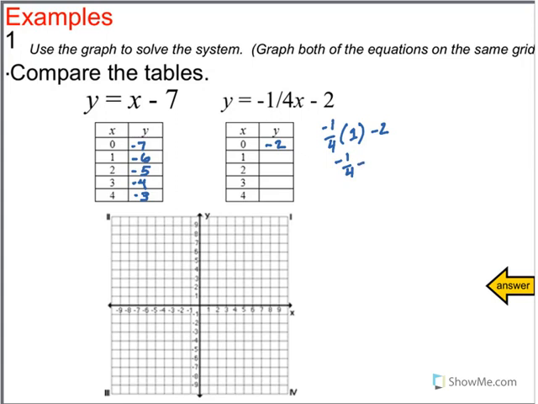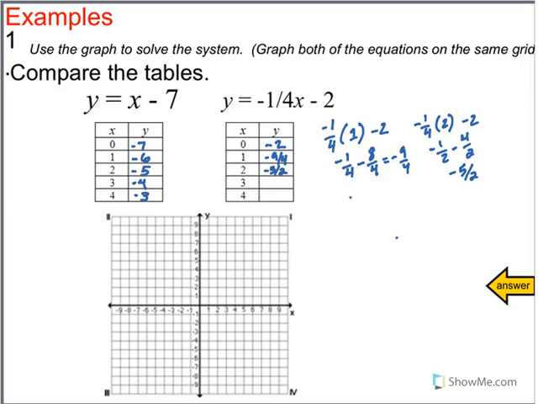I can't subtract 2 from this directly, so I'm going to change it to 8 over 4, and that gives me -9/4. To get the next point, I do the same thing: -1/4 times 2 minus 2. 2 times -1/4 is -2/4, or -1/2. Again, I change 2 to 4 over 2, and so my next point would be -5/2.